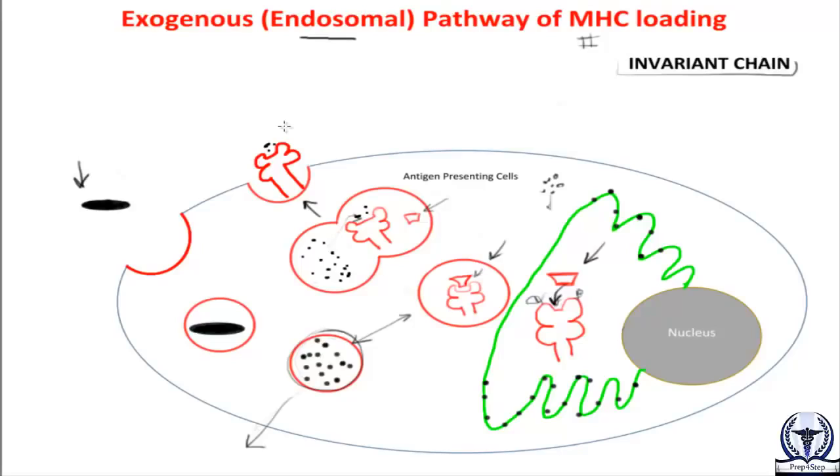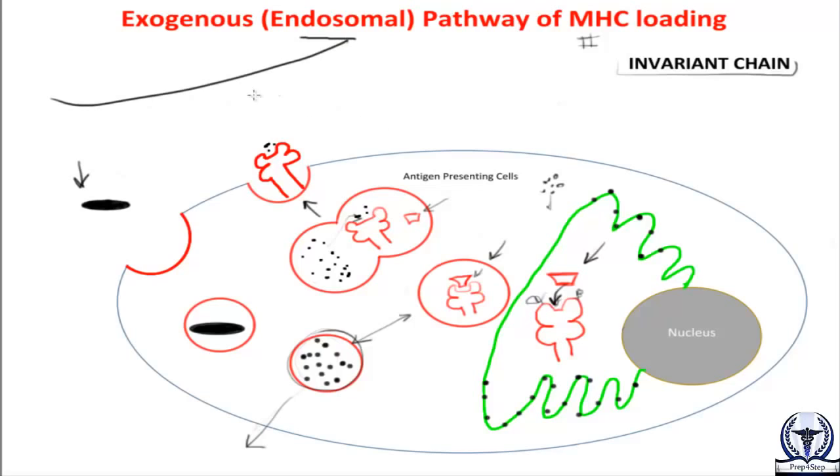In the MHC type 1, we were presenting self proteins to try to stop it from killing us, telling the T cell that we're self, so do not attack us. Here, we're trying to tell the T helper cell that this is a foreign antigen, so start the adaptive immune process.